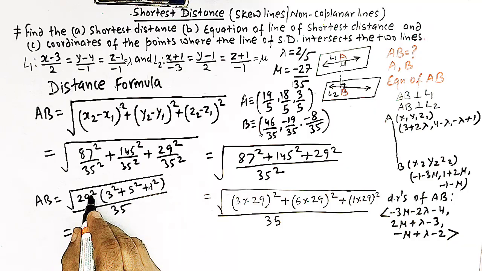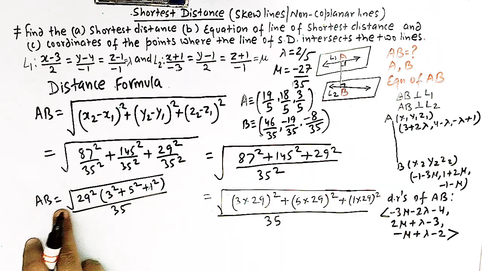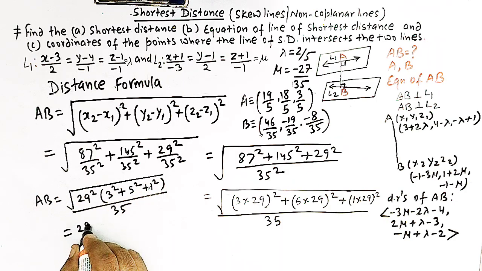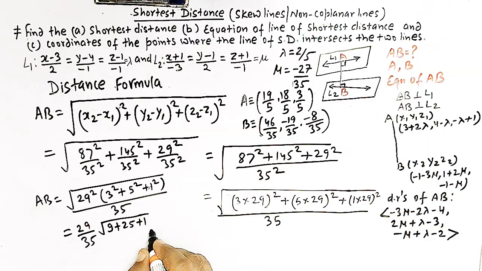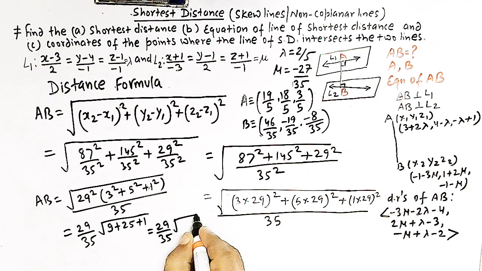So now 29 square can be taken out from this square root sign. So we have simply 29 over 35, and here we have 9 plus 25 plus 1. So we can now write 29 over 35, here we have square root of 35, that is 9 plus 25 plus 1 is 35.